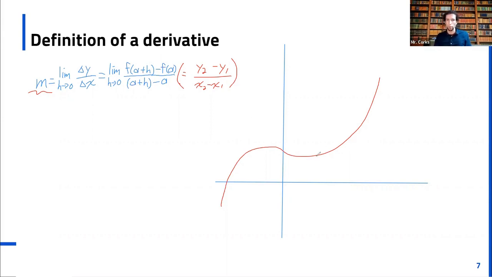Okay, so we have 2 points. It doesn't matter what they are. So we have a target point on our function. Let's say this point right here is the one that we really care about. What is the slope at this point? Let me just move that a bit so we don't think it's 0. So what is the slope at exactly this point?